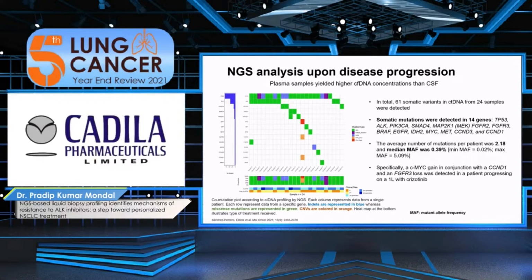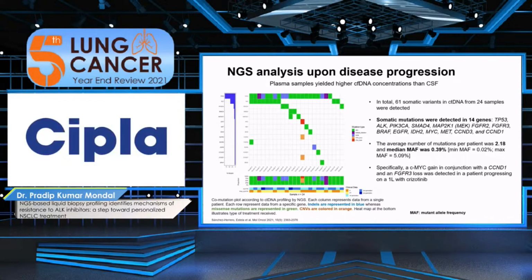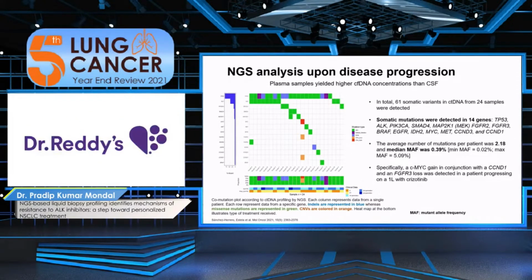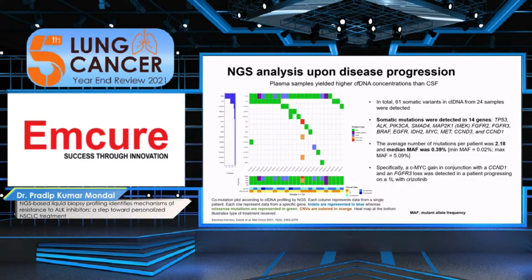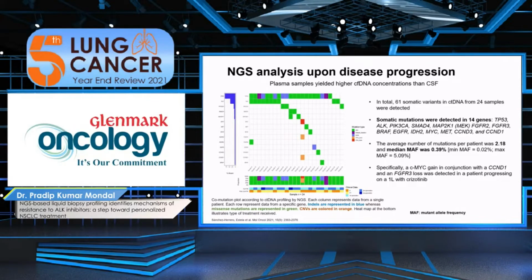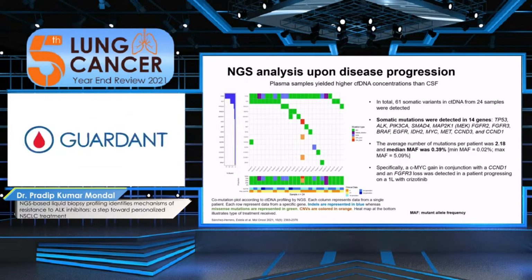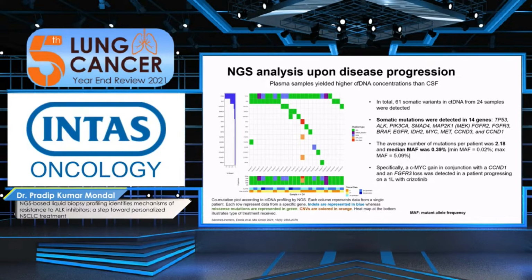So, NGS analysis upon disease progression: plasma samples yielded higher cell-free DNA concentration than the CSF. In total, 61 somatic variants of ctDNA from 24 samples were detected. Somatic mutations were detected in 14 genes.